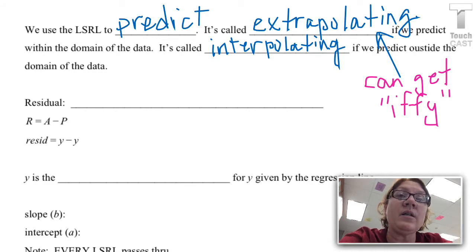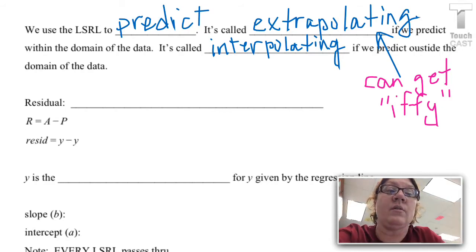Okay, so when you go back to that graph where I was drawing in the vertical lines in green in the last video, those vertical lines are called residuals.